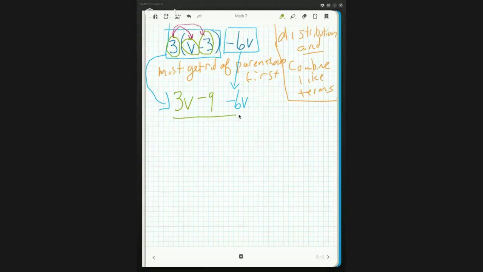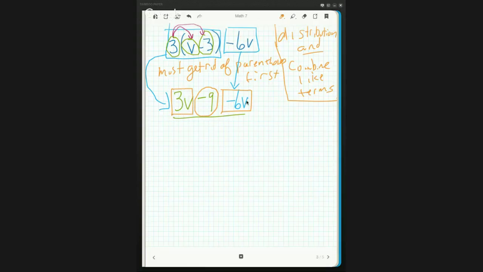And now all the parentheses have been removed, so now we can combine like terms. So let's look at our like terms. Well, -9 is a number, so that's its own thing. And then we have these v terms. Well, we have a -6v and a 3v.